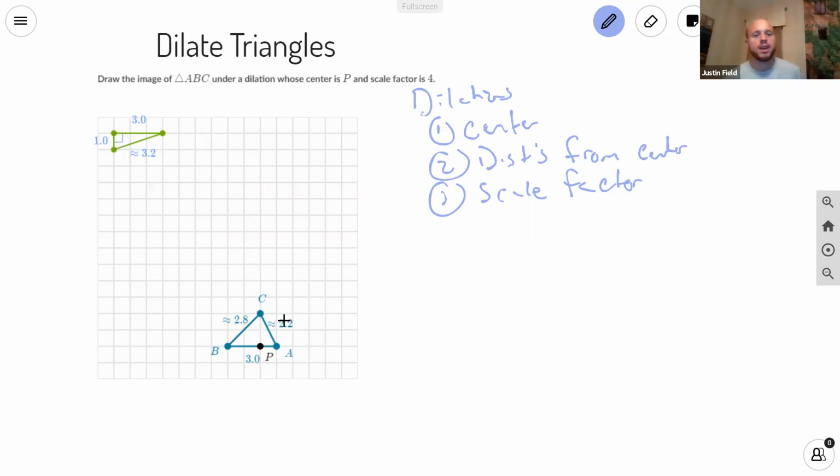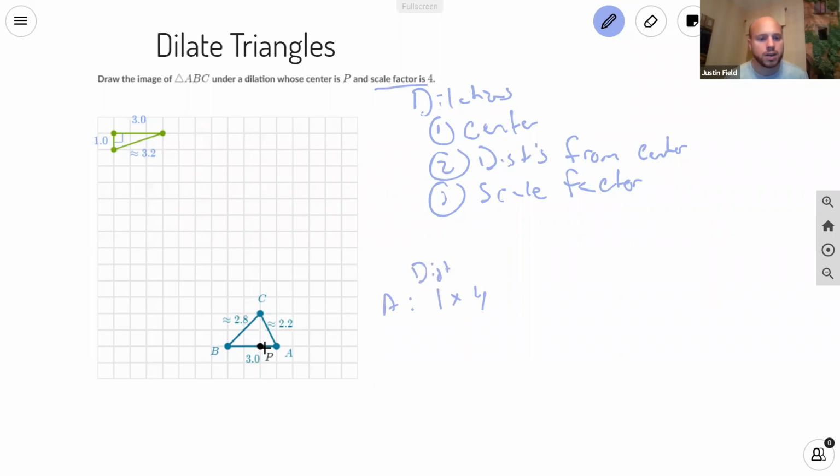So here we have our original figure, and our scale factor is 4. So how far is A away from this center? Well, it's 1 away. So A prime, if A is 1 away, we got to do 1 times 4 distance.